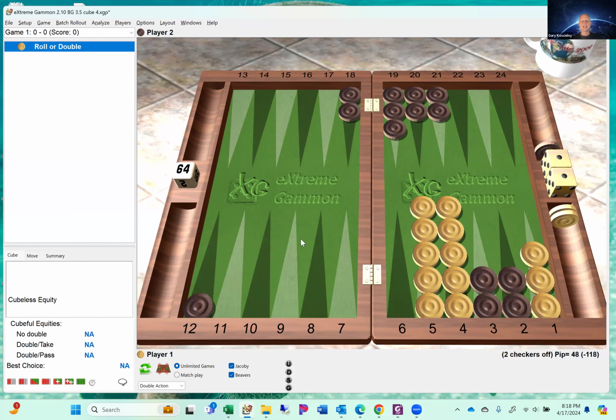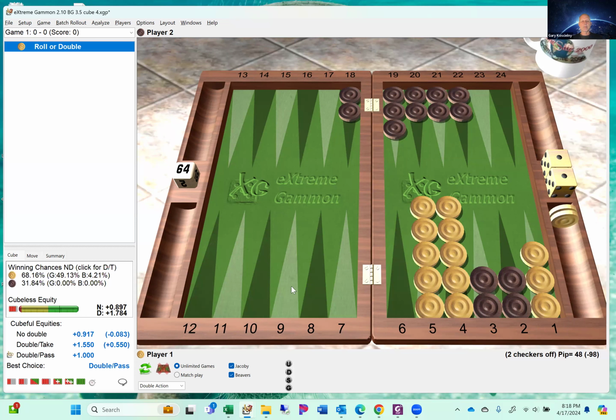If we get the timing back down to 100 pips or so, it's still a pass. Actually, it's a really big pass here. What's going to happen here is that black will be forced to run out, and you'll lose the benefit of the two anchors. But you're still giving up quite a lot of gammons here. This is 50% gammons.